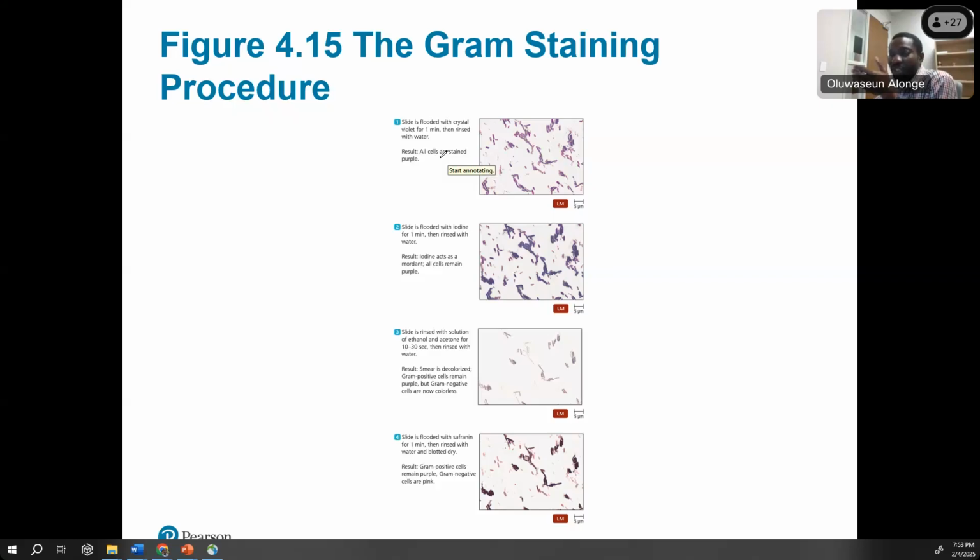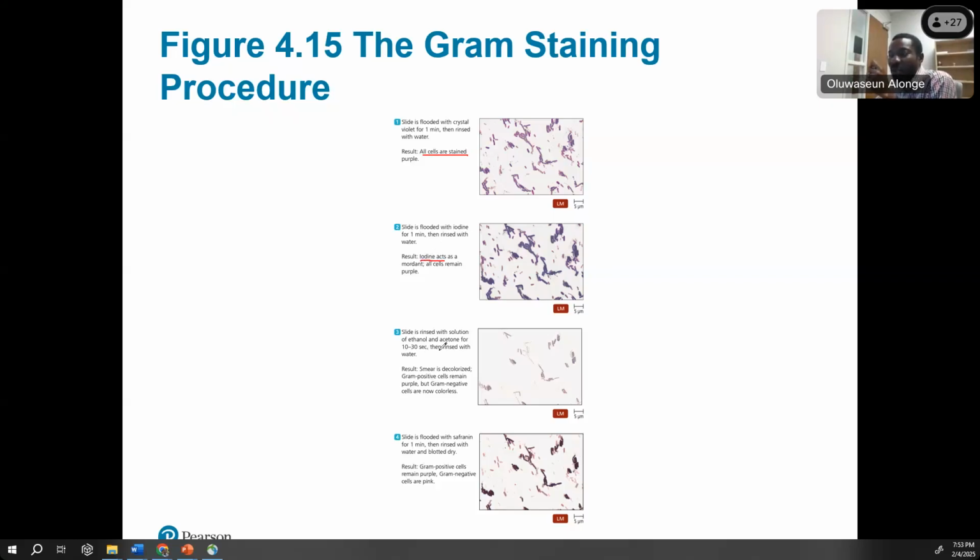But it will not affect the ones that didn't pick it up, that is just on their surface. So first, all the cells are stained. Second, you use a mordant so that it can seal up the ones that actually took it, that actually attracted the stain.